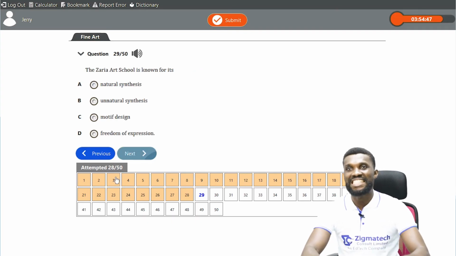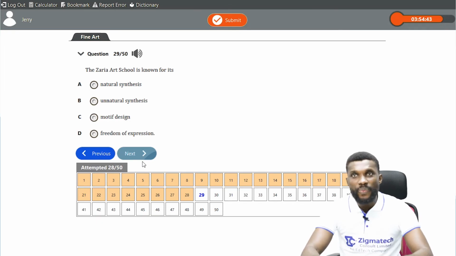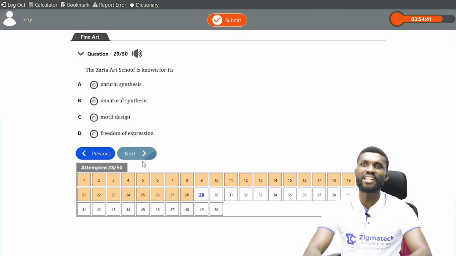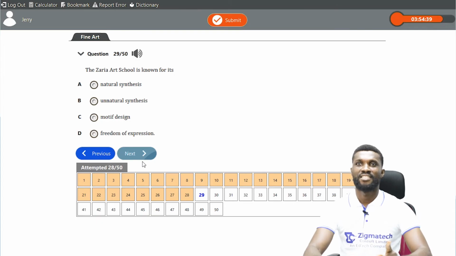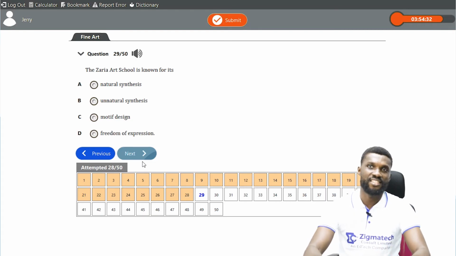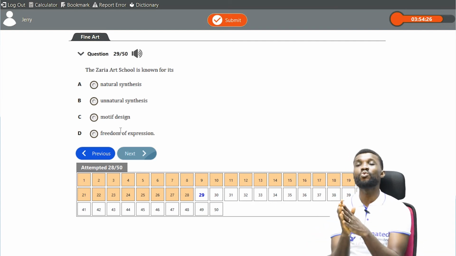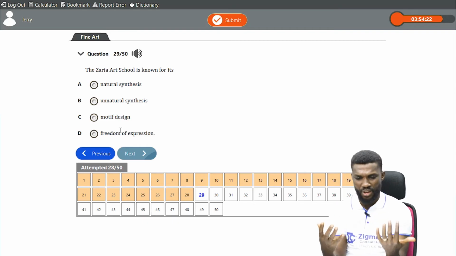Question number 29. The Zaria Art School is known for its dash. A, natural synthesis. B, unnatural synthesis. C, motif design. And D, freedom of expression.